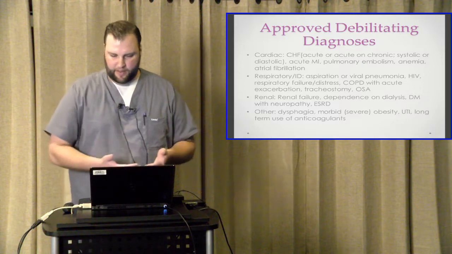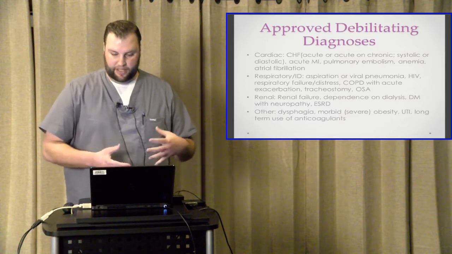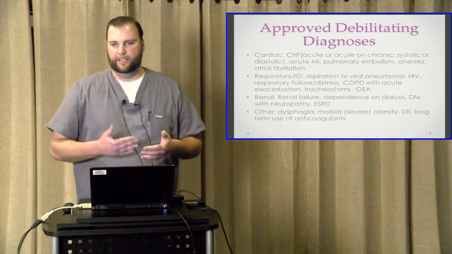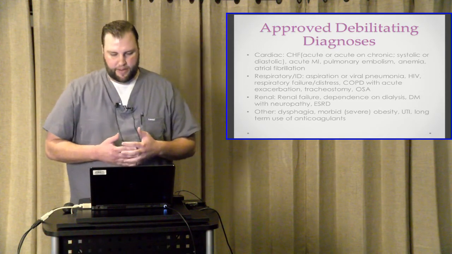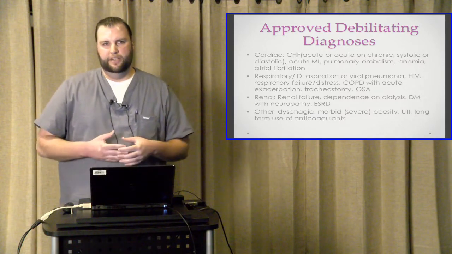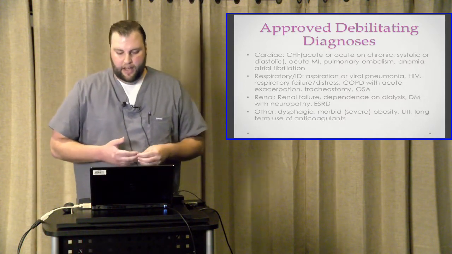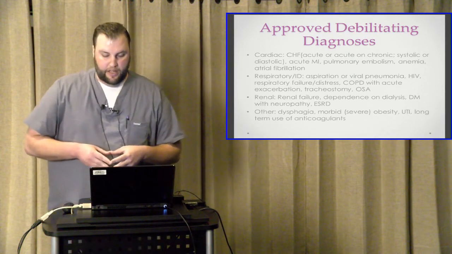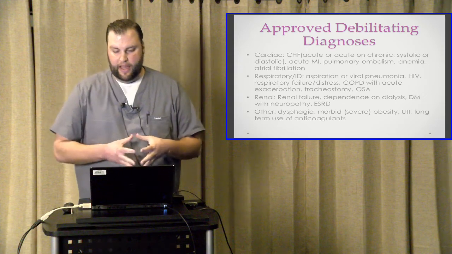These are basically a very similar list to our previous list. These are people that have CHF exacerbations, heart attacks, COPD exacerbations, pneumonias, prolonged hospitalization, whether ICU or not, renal failure, end-stage renal disease, and they have to be admitted for that.